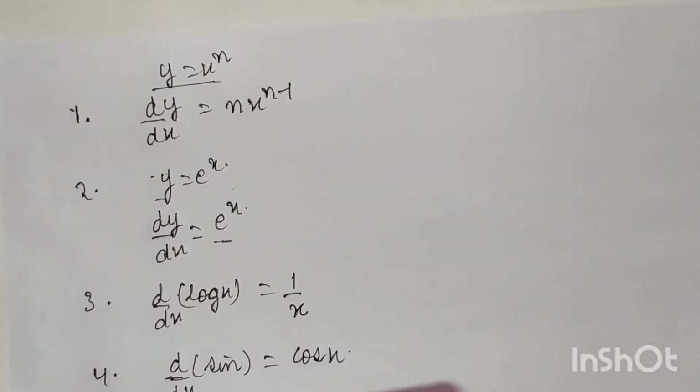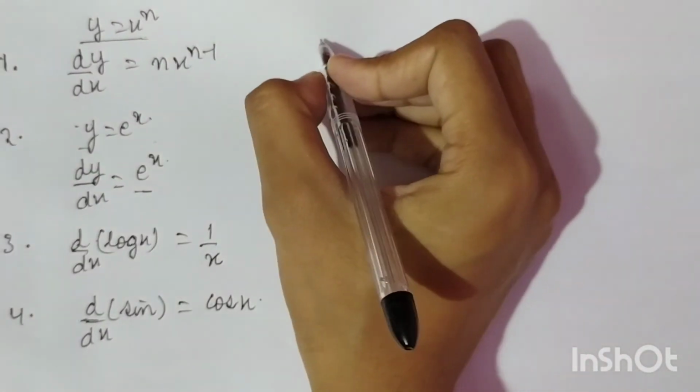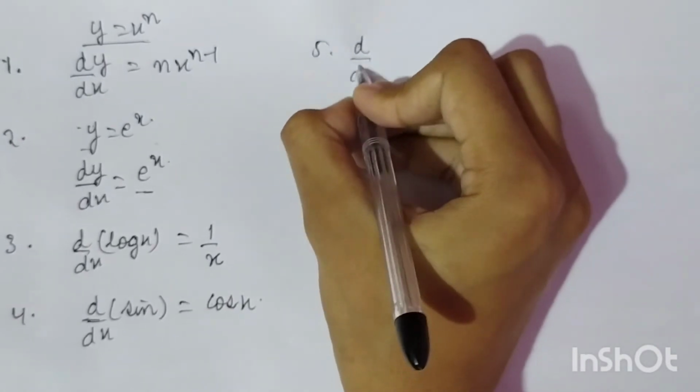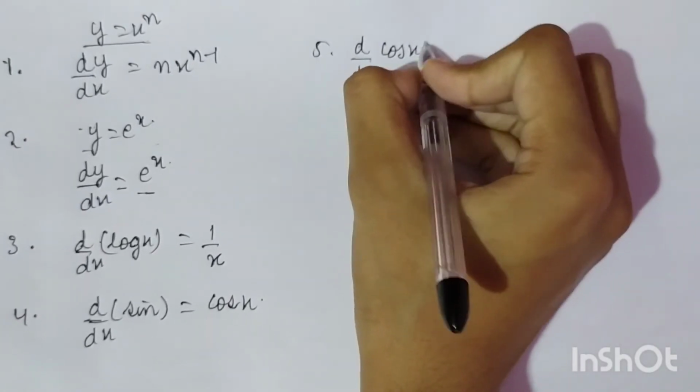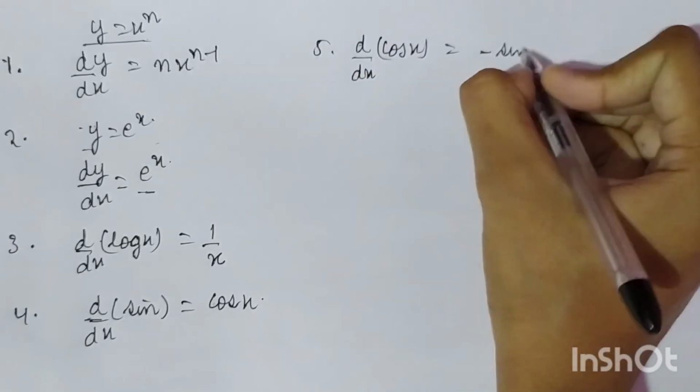Now if we are given to find the differentiation of cos x, it will be minus sin x.